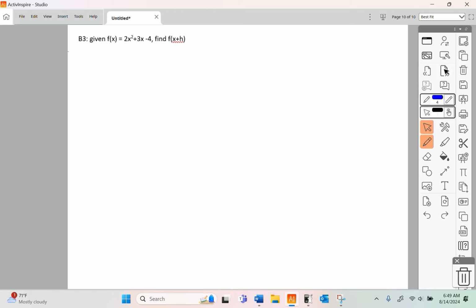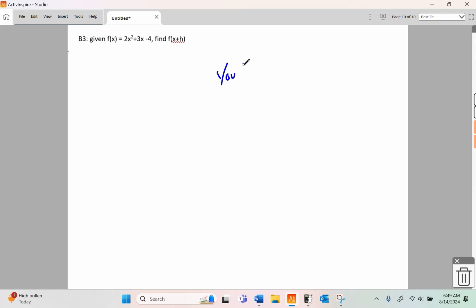All right, given f of x is 2x squared plus 3x minus 4, find f of x plus h. This is kind of like plugging in a number. Like, you know, f of 2 means let x equal 2. You know that.